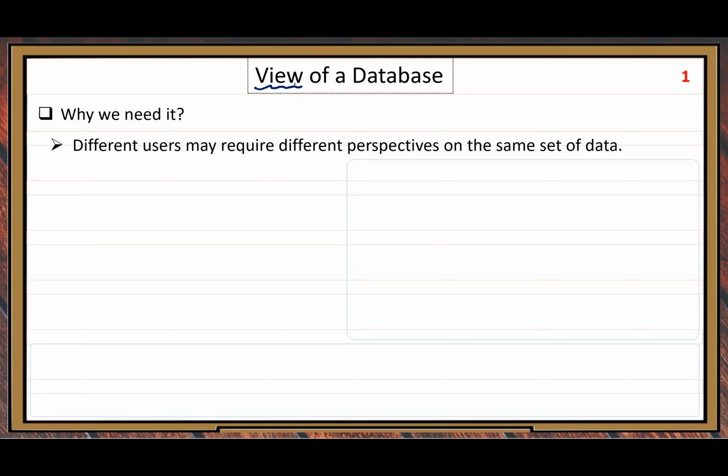In some way, they combine the data from different tables. That's quite normal, right? So you need to run certain database queries to generate the required data for your users.